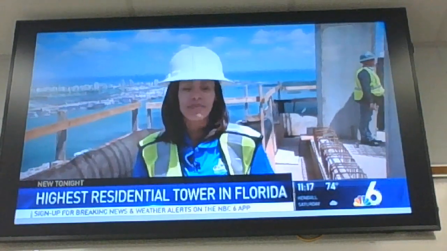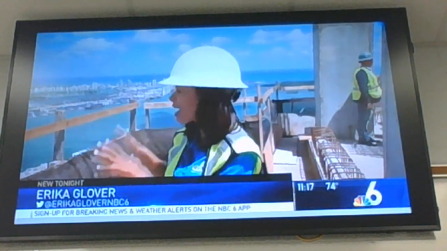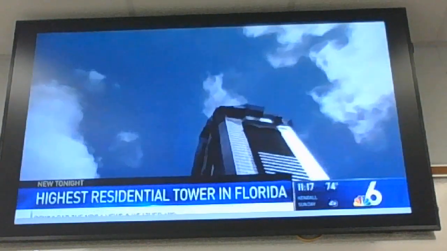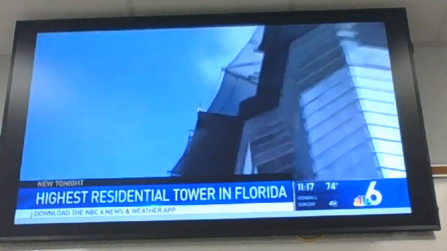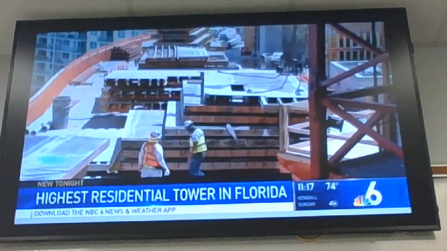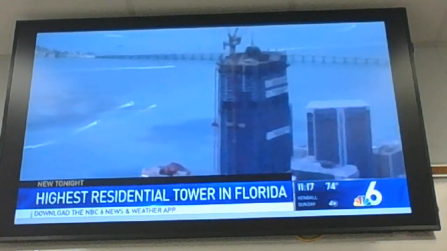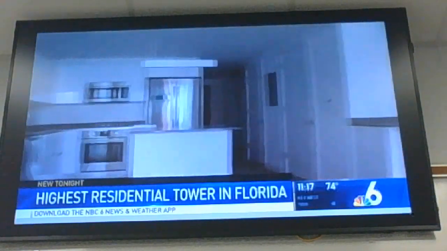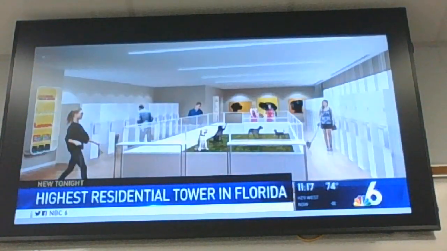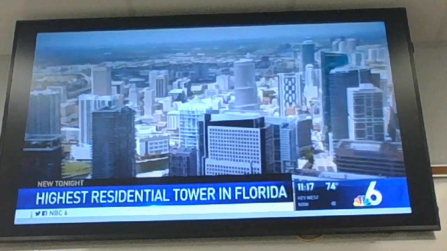At 868 feet, Panorama is truly the tower that rises above all, but it's not just the tallest building here in Florida, it's breaking other records as well. Panorama Tower, tallest building in Florida, tallest residential building south of New York. With a price tag of more than $800 million, Panorama includes 821 luxury rental apartments, 208 hotel rooms, and 150,000 square feet of office and retail space.